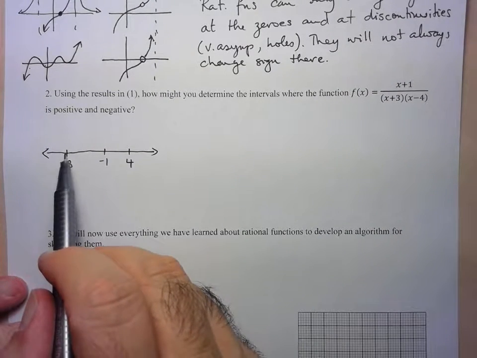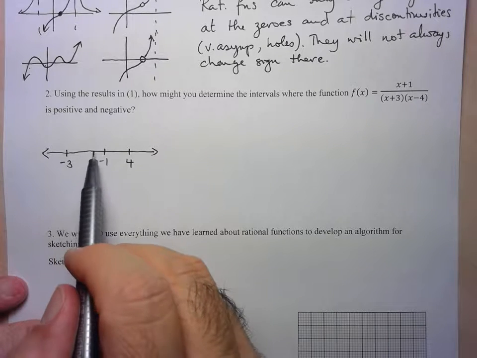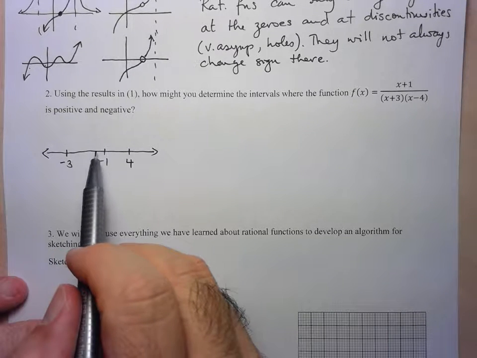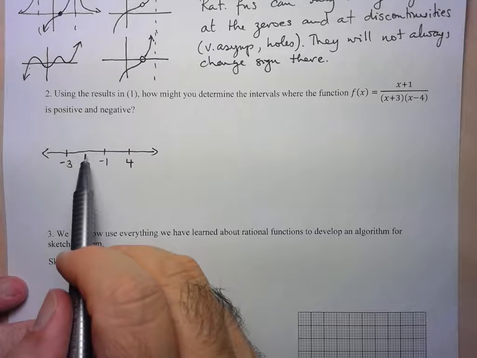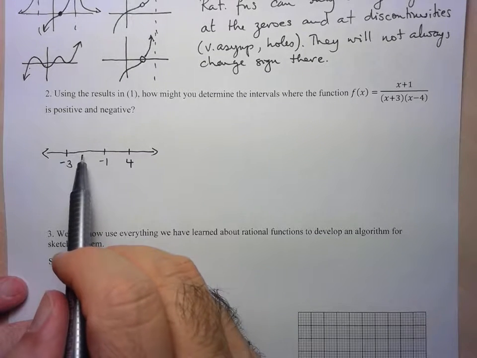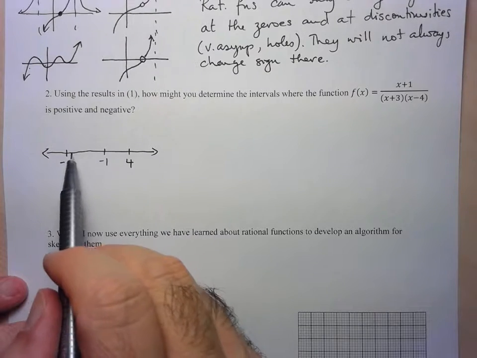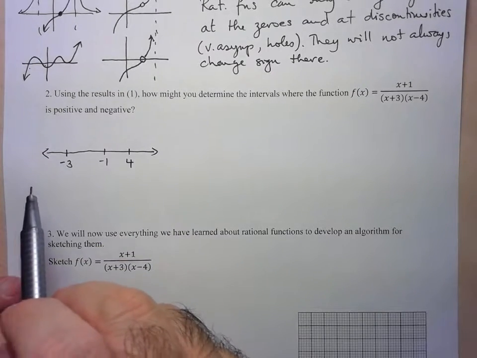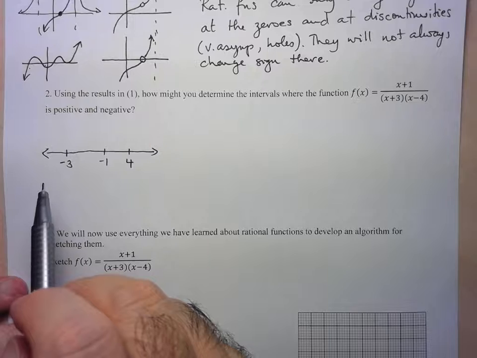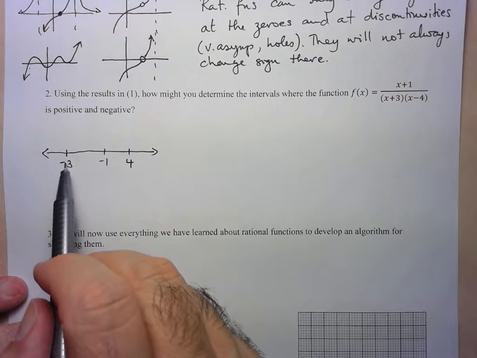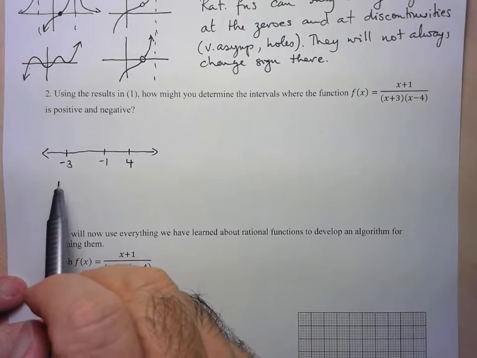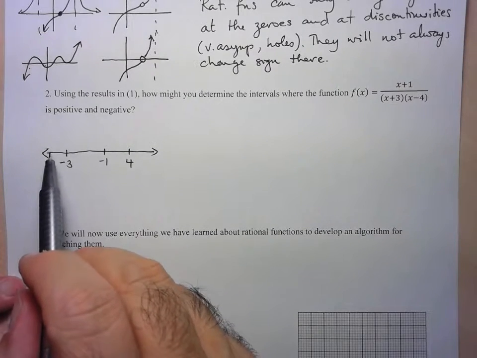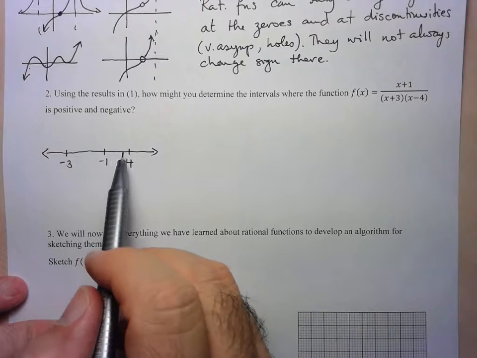That means that in this interval here between -3 and -1, it has to be either always positive or always negative, which means we only have to test one value in this interval to determine the sign of the whole interval. And this is what it's based on: if these are the only places the function can change sign, all I need to do is test one value in each interval to determine the sign in the whole interval.